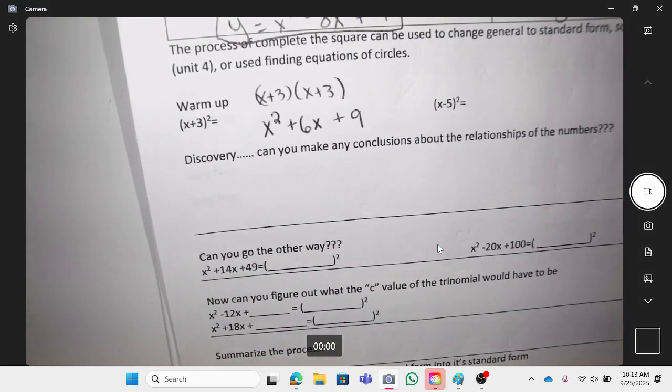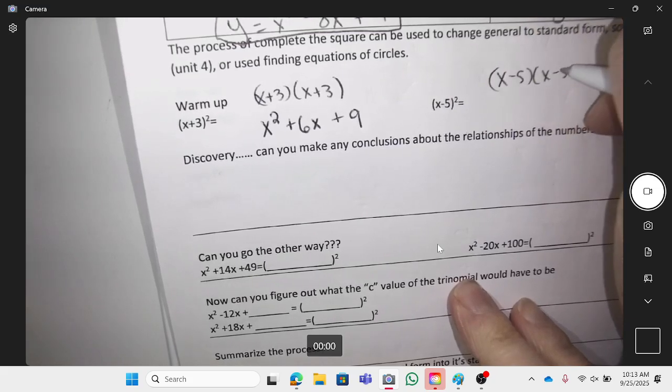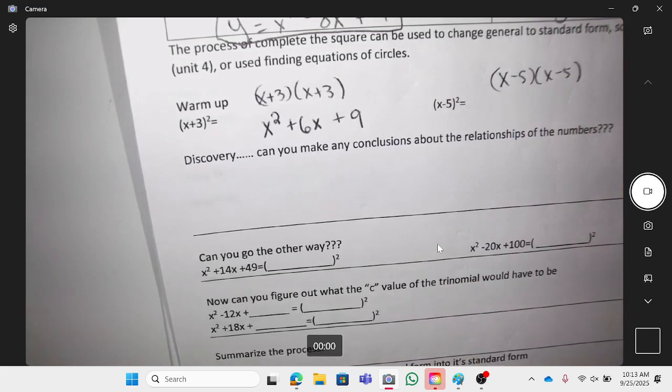Okay, good. Try it one more time. So x minus 5 gets squared, repeated, multiplied.